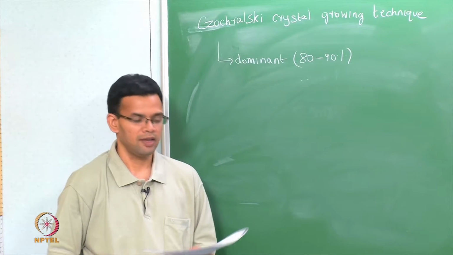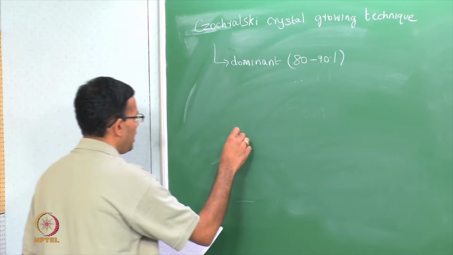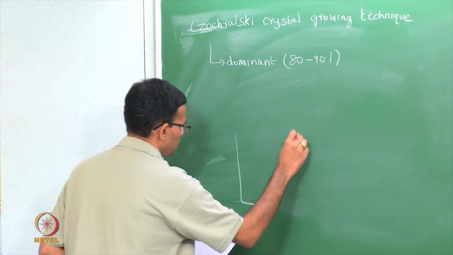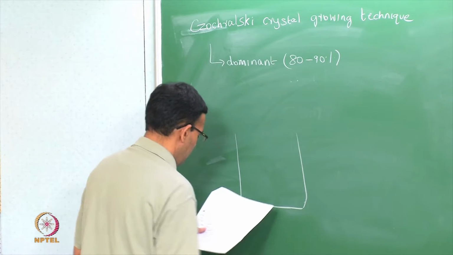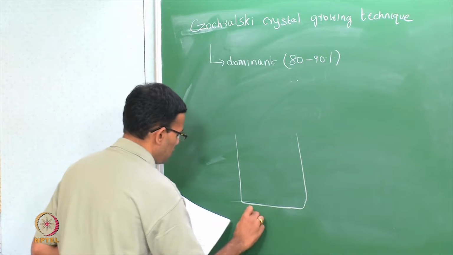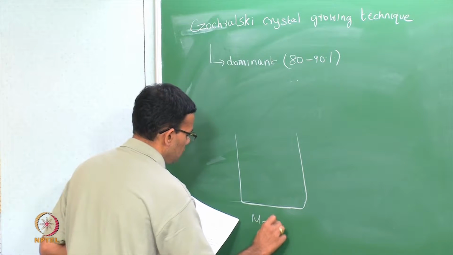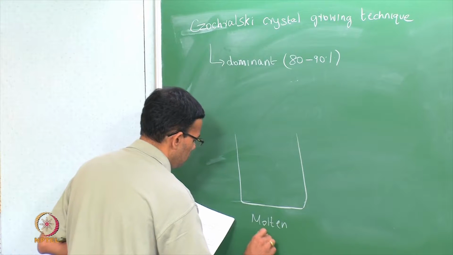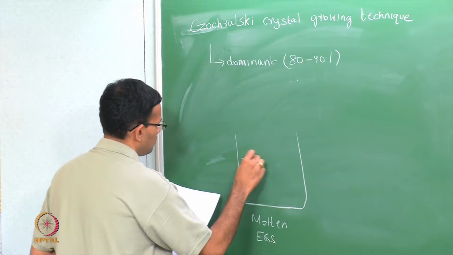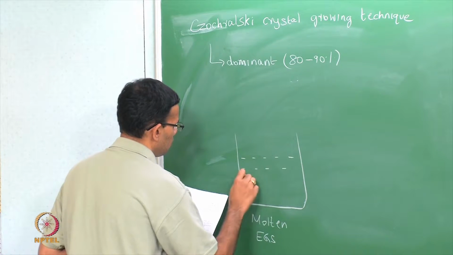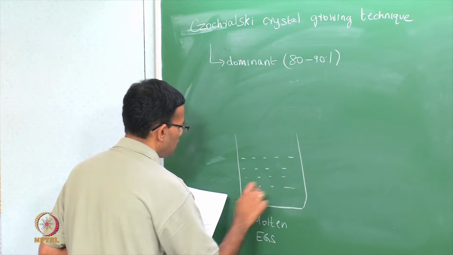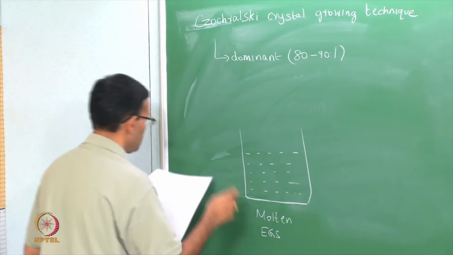So, in this particular case you start with the electronic grade silicon, and it is taken in a furnace and melted. So, you have molten silicon in a furnace.